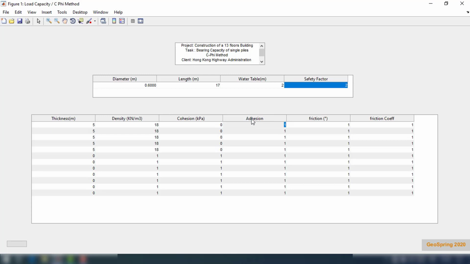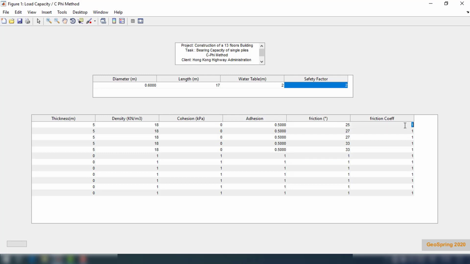The adhesion factor, of course, is a factor that we multiply by the cohesion to estimate the shaft capacity. For example, for bored piles, the adhesion factor is equal to 0.5. Here we put the friction angle of each layer. For example, 25, 27, 27, and for example 33.